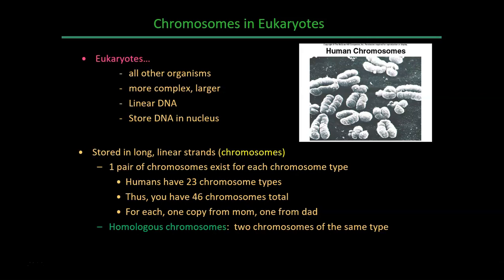Those two versions of chromosome number 3 are homologous chromosomes. Homo referring to same, okay? They're the same type. Okay, so we humans have 23 types of chromosomes, 46 chromosomes total. Half of our chromosomes and therefore half of our DNA we got from mom and half we got from dad.